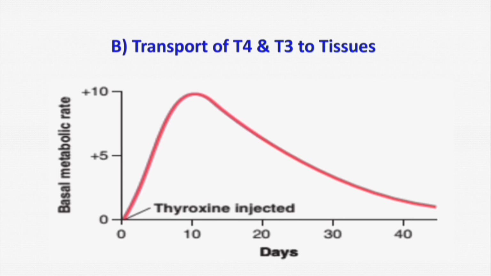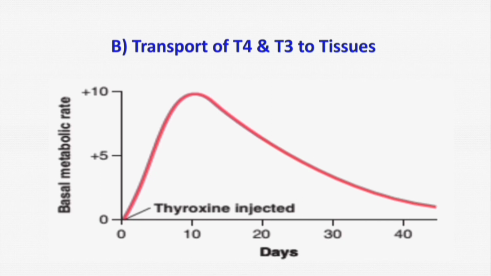Now, from the plasma protein pool, T4 and T3 are released slowly into the tissue cells. These hormones have slow onset, as you can see in this figure. On the x axis we have duration in days, and on the y axis we have the action of hormone in the basal metabolic rate. So, these hormones have slow onset of action and long duration of action.